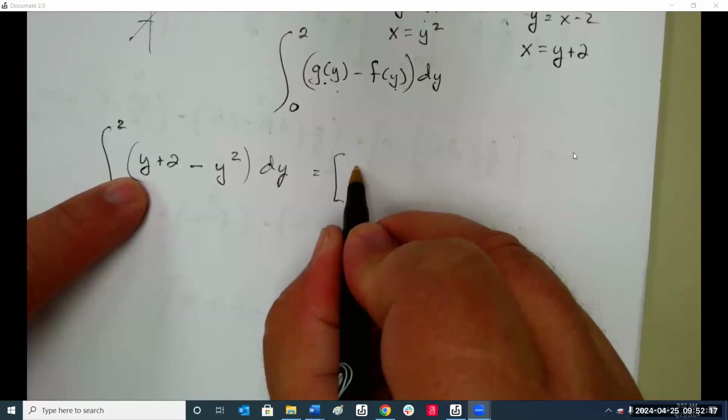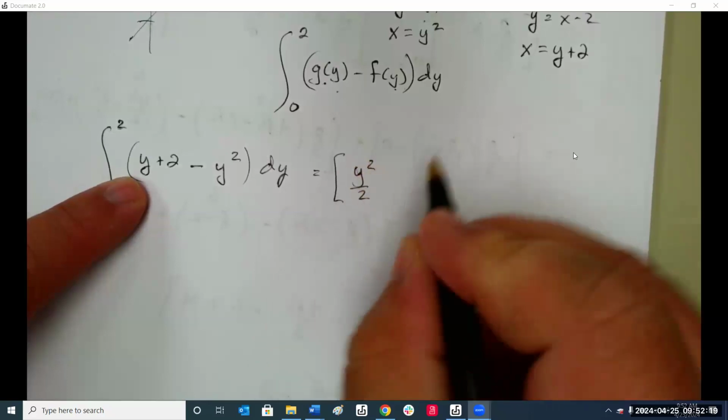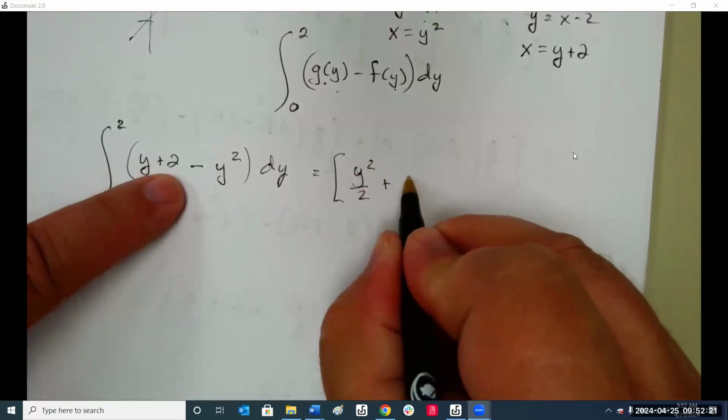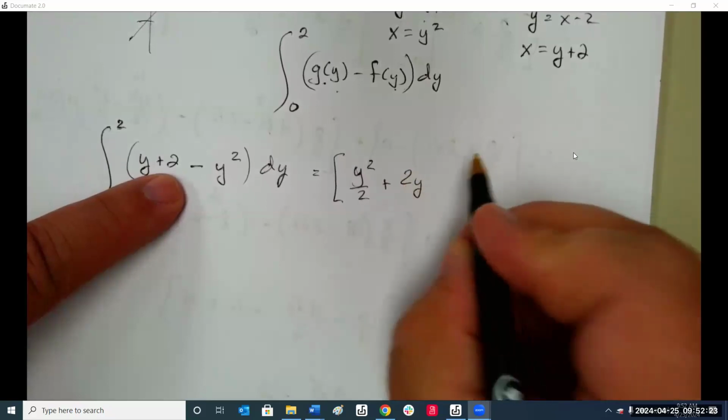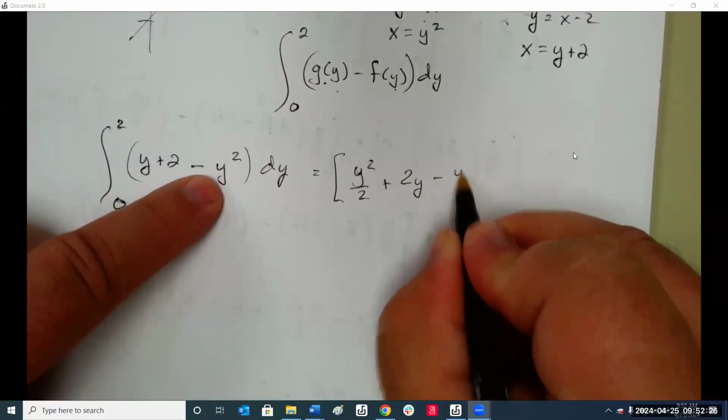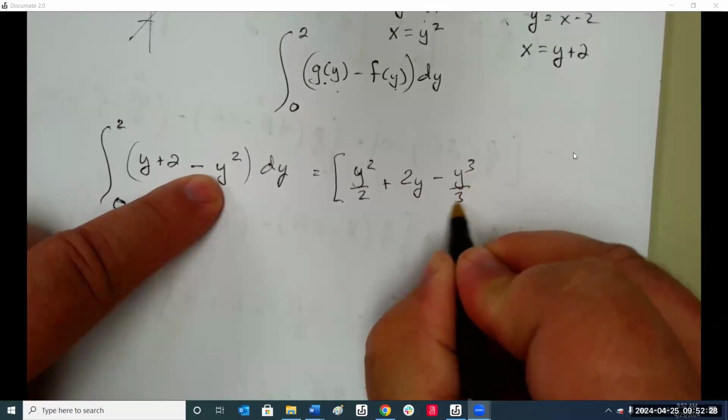The integral of y is y squared over 2. The integral of 2 is 2y. The integral of y squared is y cubed over 3.